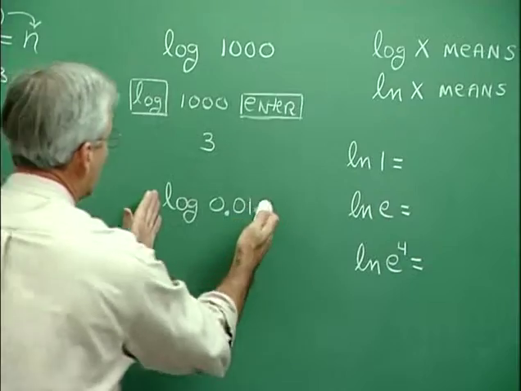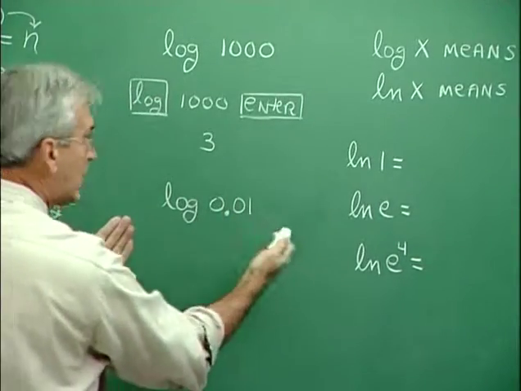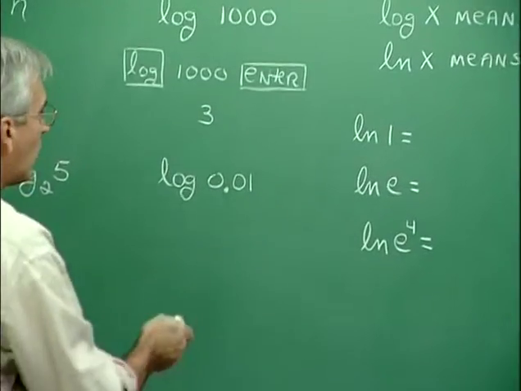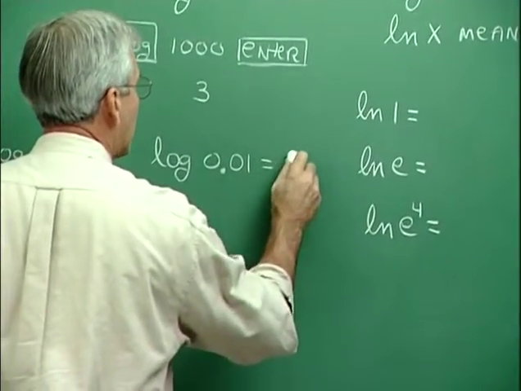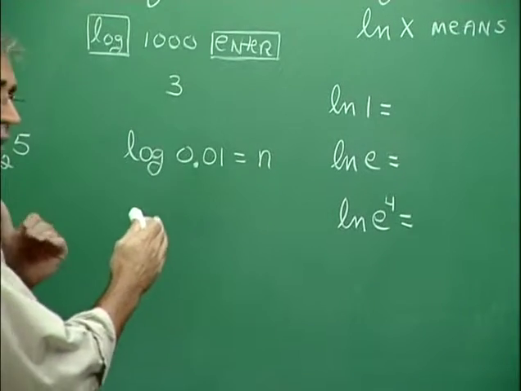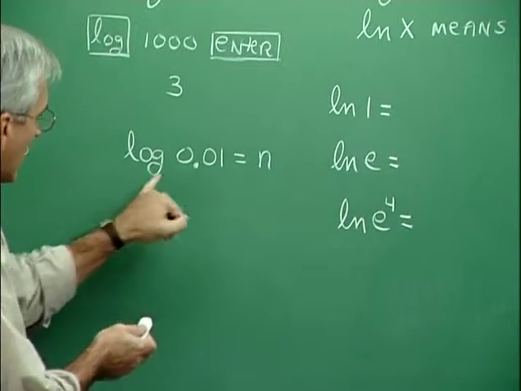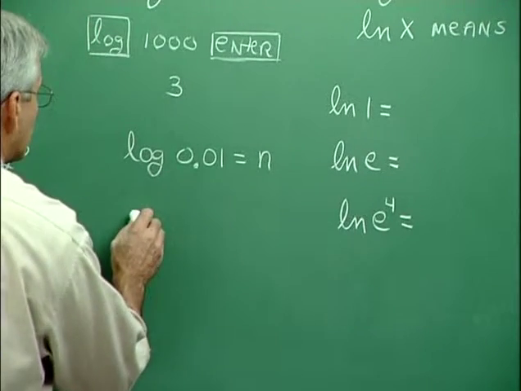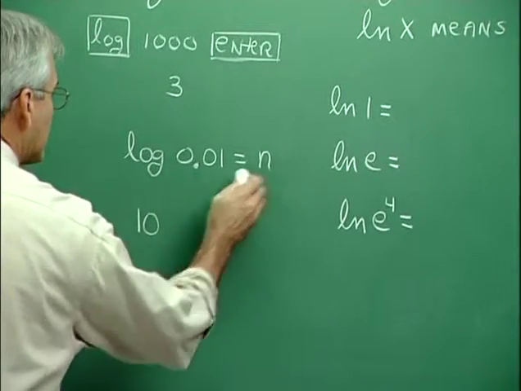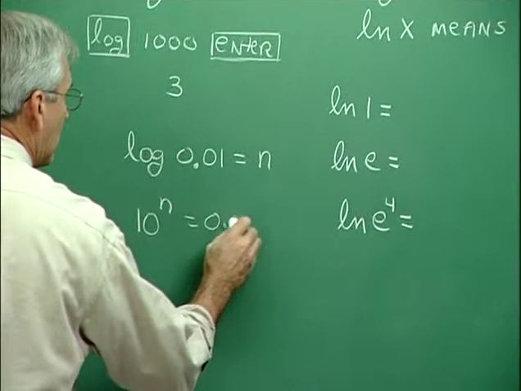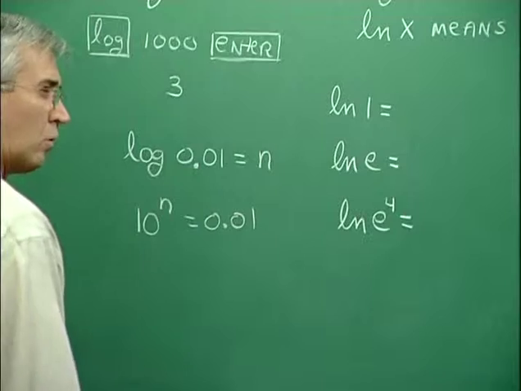Now, for this one, once again, we could use the calculator to make the calculation. Let's also go through the algebraic form here. Let's set this equal to some letter like n, and then set up our exponential form. The base here, since it's unwritten, is understood to be 10. So this is 10 to that exponent is equal to 1/100th.